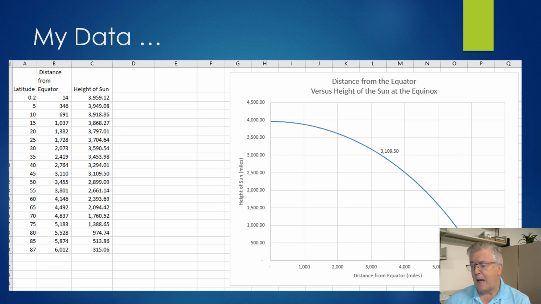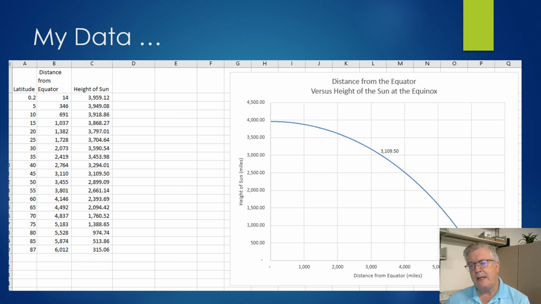Then you notice I put in here a label where the point is that the Zetetic Astronomy book used, 3109.5, which rounds to 3110.